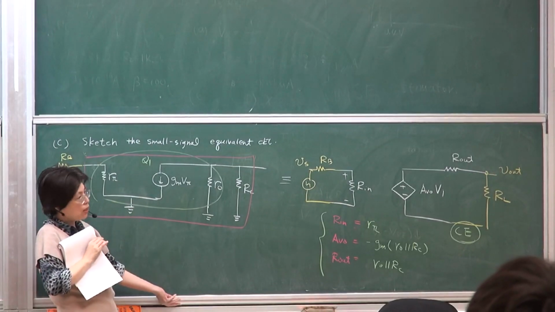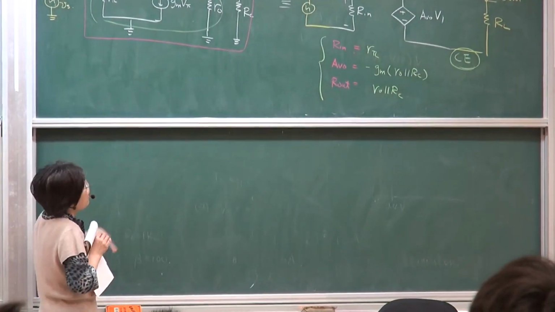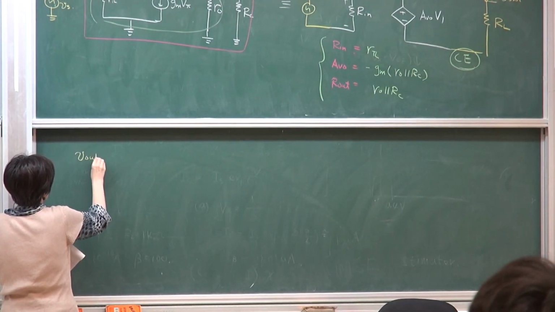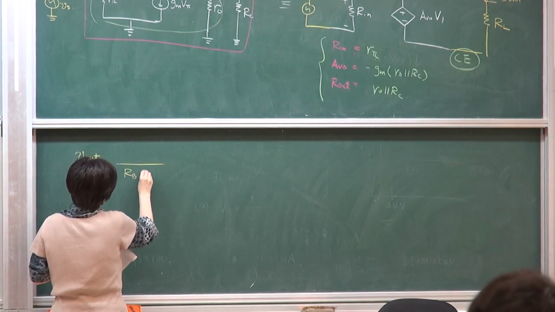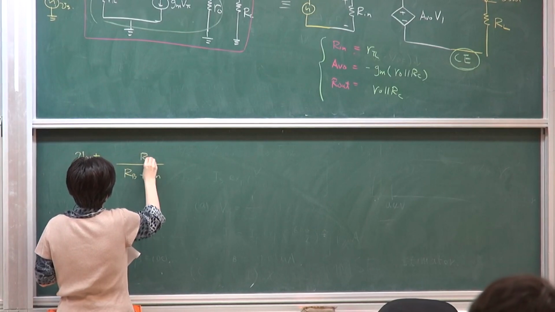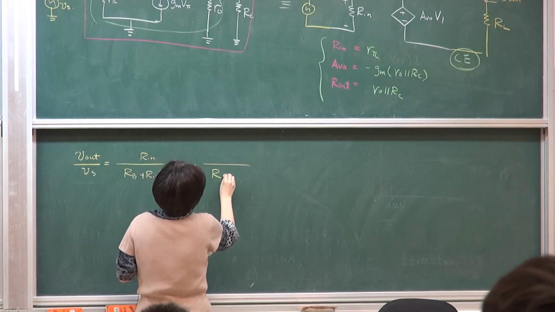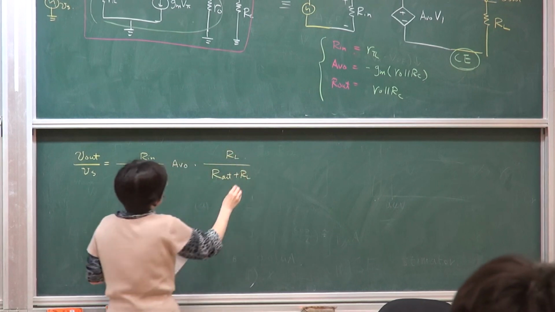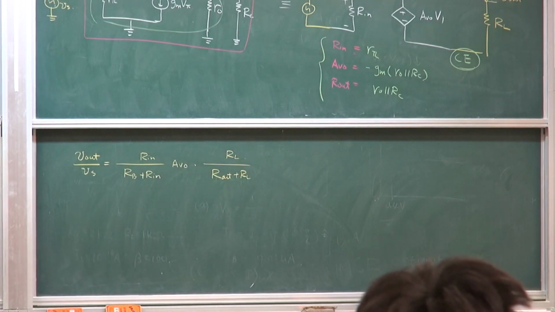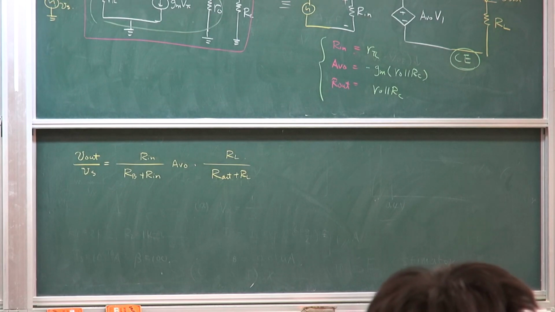Once I have all this model, I can simply use that. So VL versus VS will simply be RIN over RS plus RIN, times AVO times R load over R out plus R load. Okay? That's how you get the complete answer when you actually connect it to a source with RS and an output with a certain load.